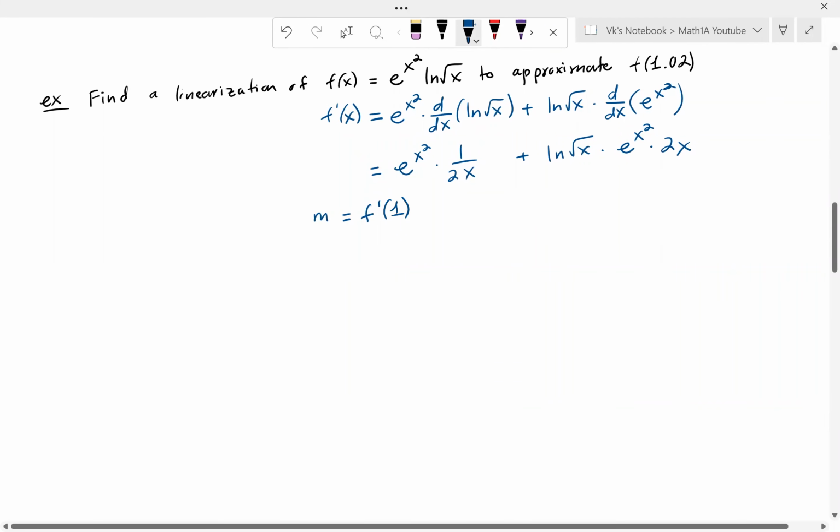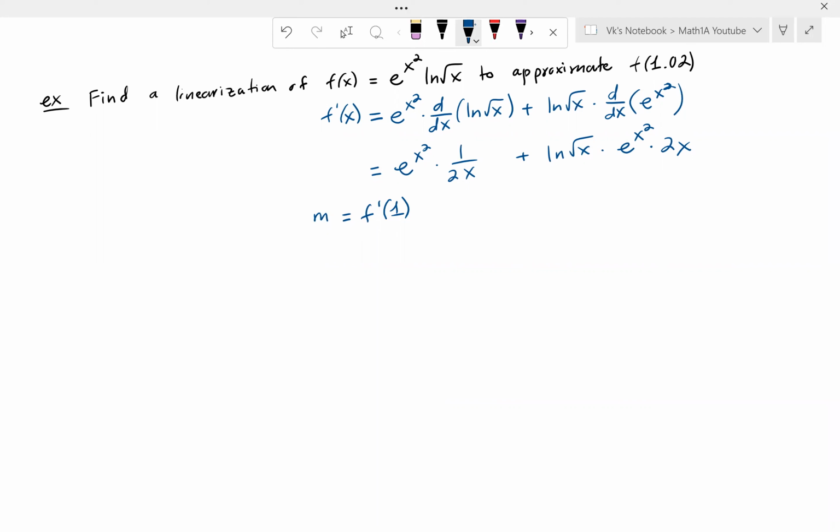Slope is f prime 1, which is e to the 1 squared times 1 over 2 times 1, plus ln root 1 times e to the 1 squared times 2 times 1. Well, ln of 1 is 0, which tells us that we have e over 2 as the slope.